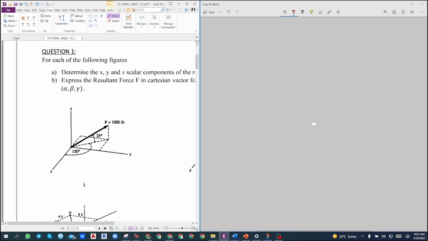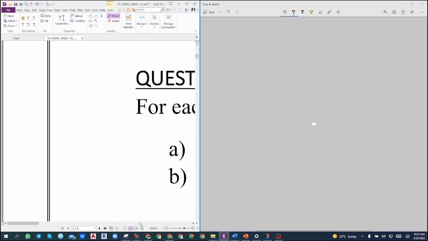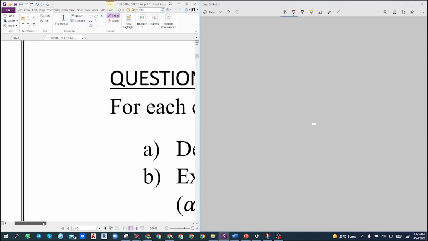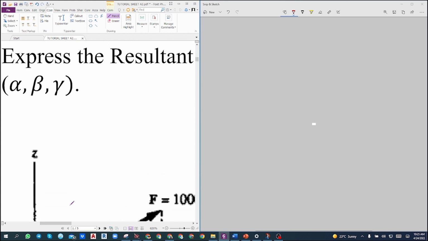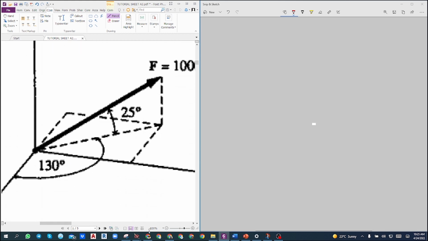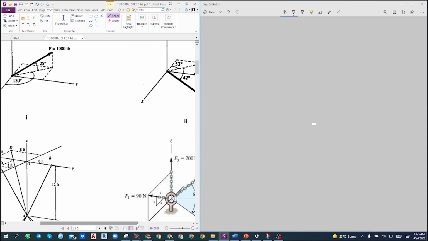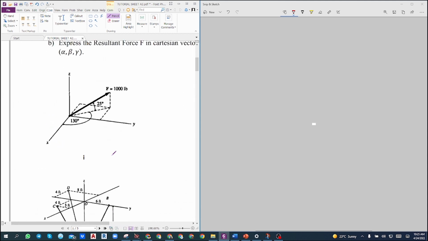Okay, let's just take it like that, and move on now. So we've been given the angle of 130 degrees from x axis to F prime.